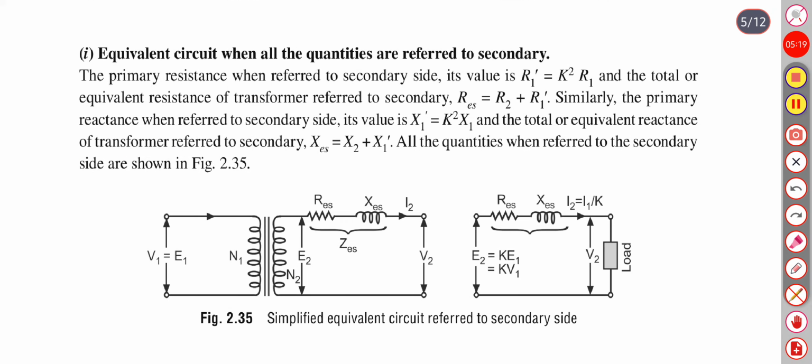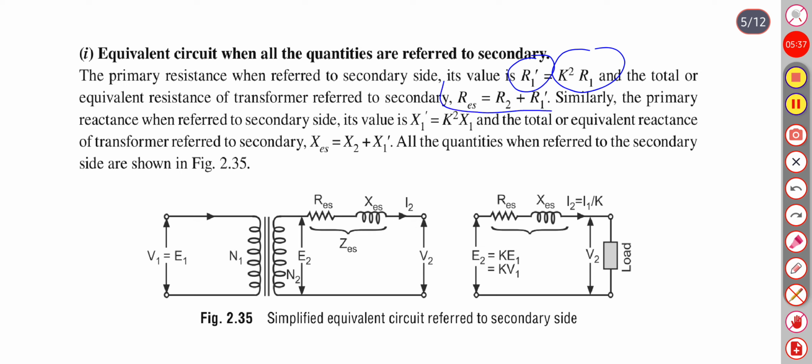Now, equivalent circuit when all the quantities are referred to secondary. So here R1 dash will become K square R1, as we have seen in earlier videos, and R equivalent will become R2 plus R1 dash.